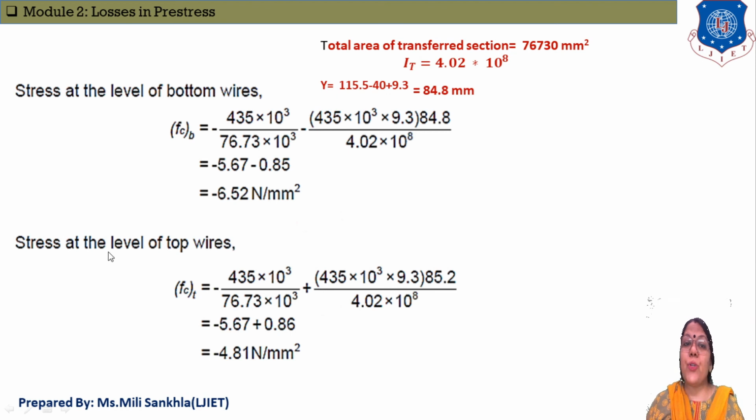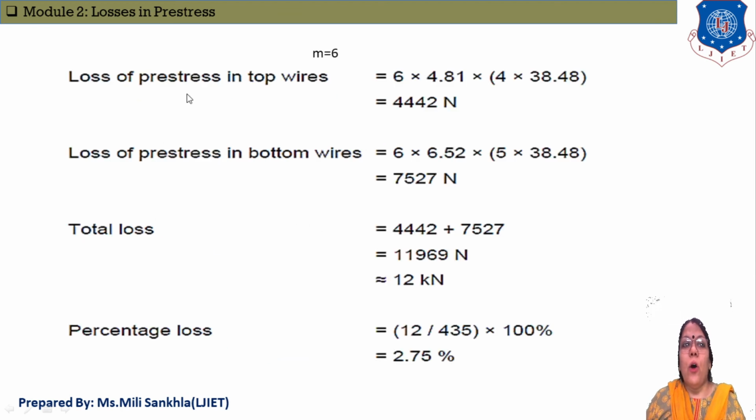Same way, stress at the top zone is subjected to tensile forces, so positive. This one is negative. Answer is equal to minus 4.81. Okay, now loss of prestress in the top wire, that means modular ratio m into our 4.81, that means our top zone stress 4.81.